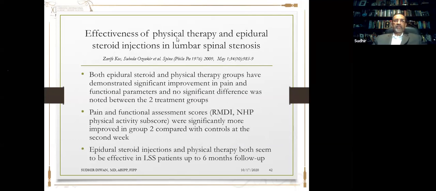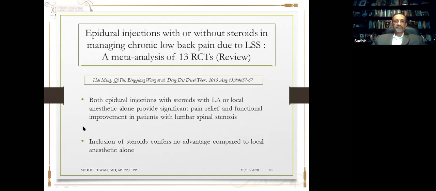Looking at the effectiveness of physical therapy and epidural steroid injection, both groups have demonstrated significant improvement in pain and function in patients with spinal stenosis. All the scores of functional assessment have improved. Epidural steroid and physical therapy both seem to be effective in stenosis at 6-month follow-up.